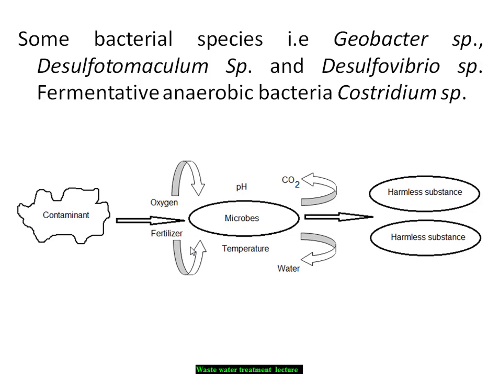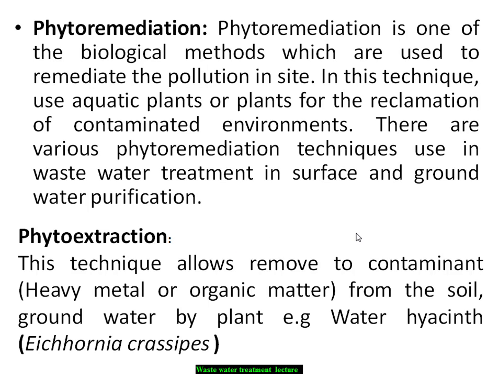Because fertilizer like DAP, diammonium phosphate, is very much responsible for the growth of such microbes. So these microbes decompose the waste material and convert it into harmless substances. These practices are known as bioremediation practices. With the help of some microbes, we can reduce the impurities from the effluent or the contaminated water.